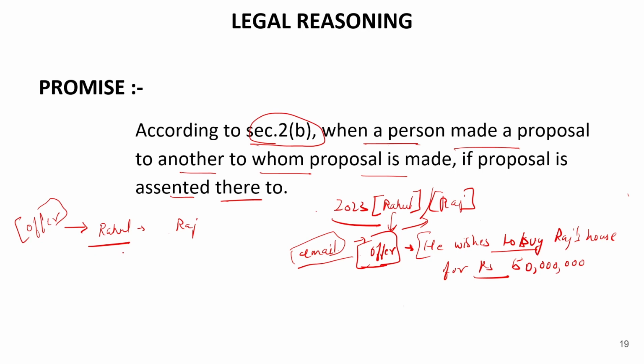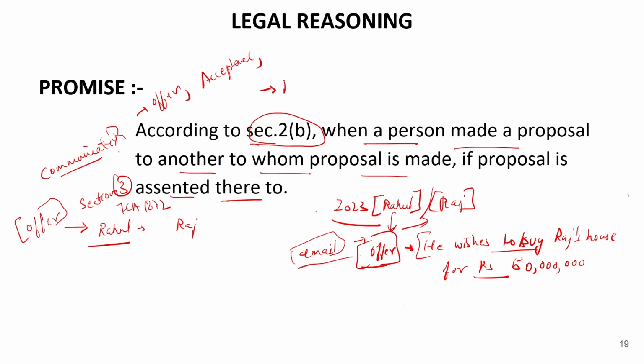It is said that an offer, acceptance, or revocation, here we are talking about Section 3 of the Indian Contract Act 1872, which talks about communication. Communication of what? Communication of offer, acceptance, and one more word that you will study in a later phase of this lecture series, and that is revocation.